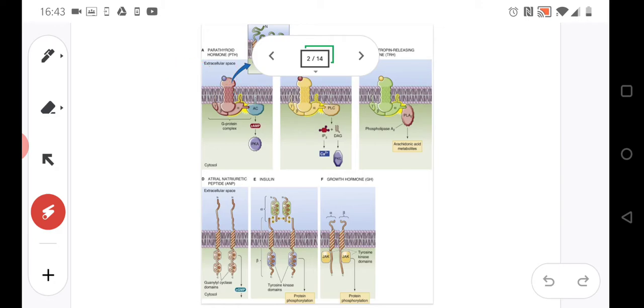The receptor is nearly always a protein that is inside the cellular membrane, that has some part that is outside and some part that is inside the cell. So the hormone will attach to the part that is outside of the cell and will activate the inner part. When the appropriate hormone attaches to the outside, the inner part is activated.